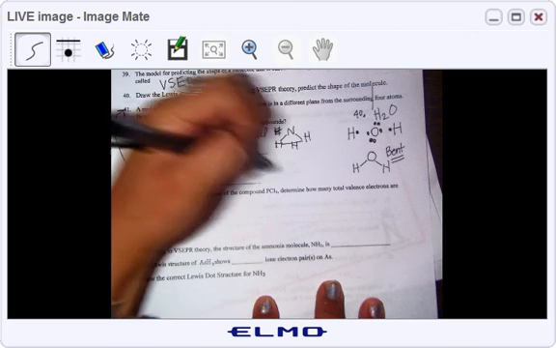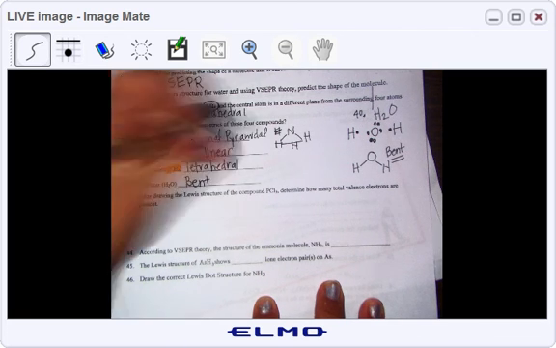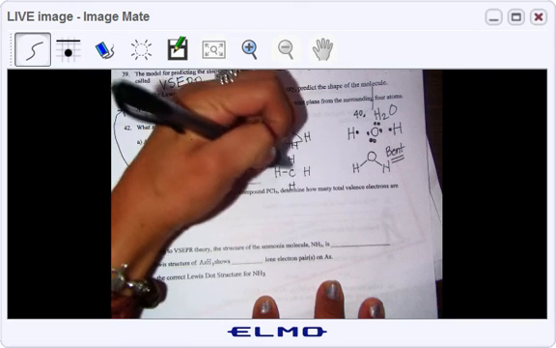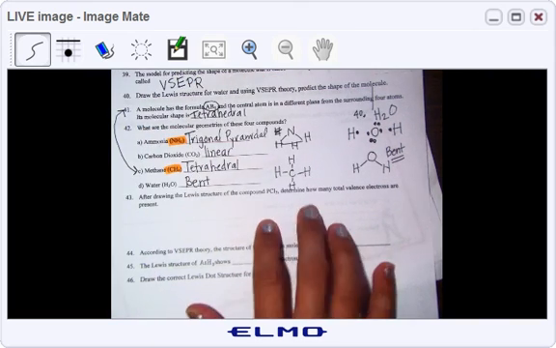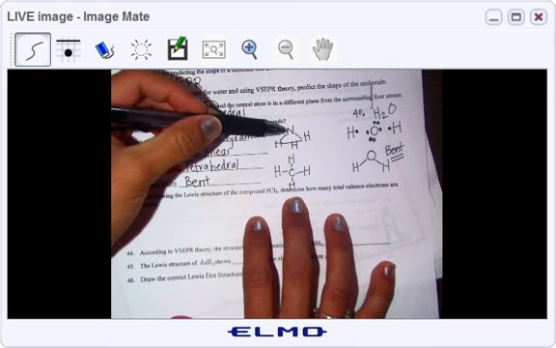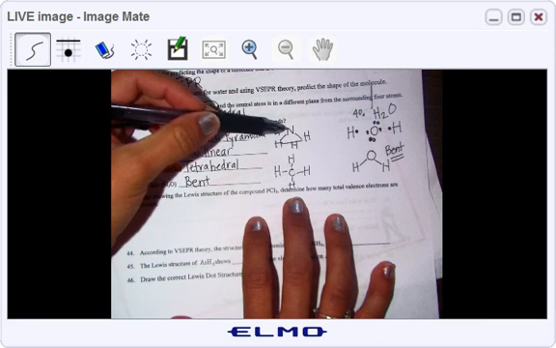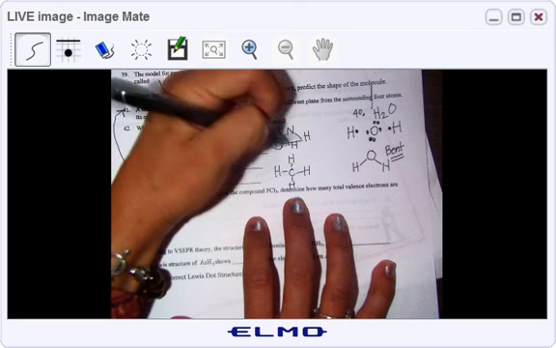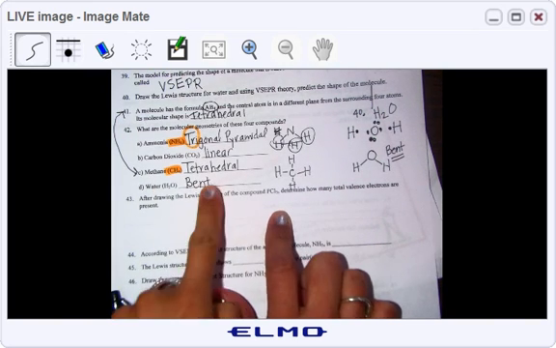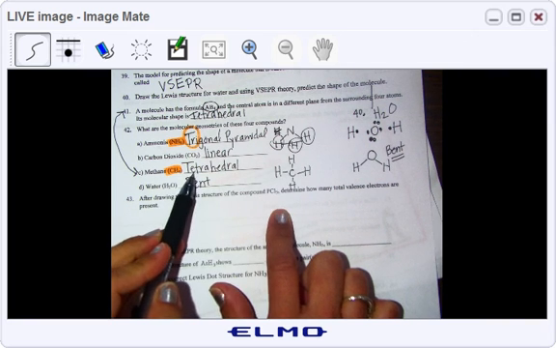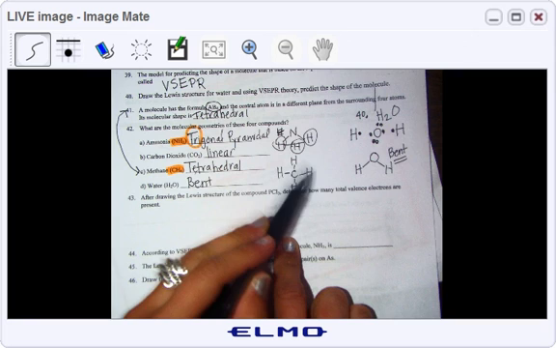It's CH4, so that means there's one C and four H's. The other pattern is there's one in the center, and there's three surrounding it. Tri means three. Okay, 1, 2, 3. And then the same thing for tetrahedral. One in the center. Tetra means four, and there's four surrounding it.